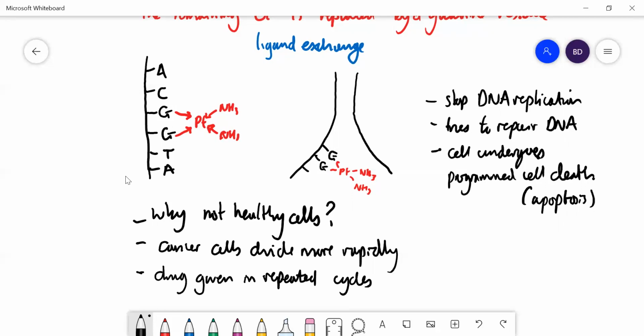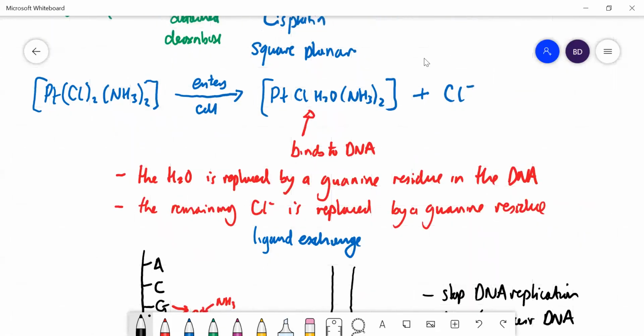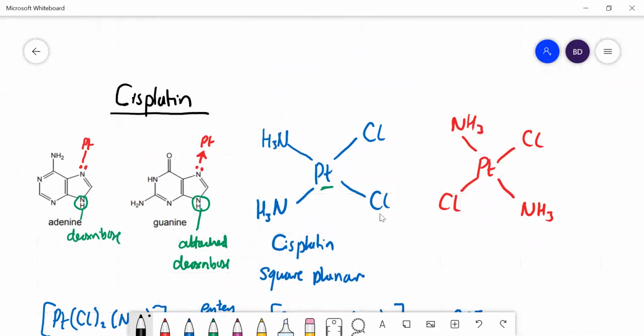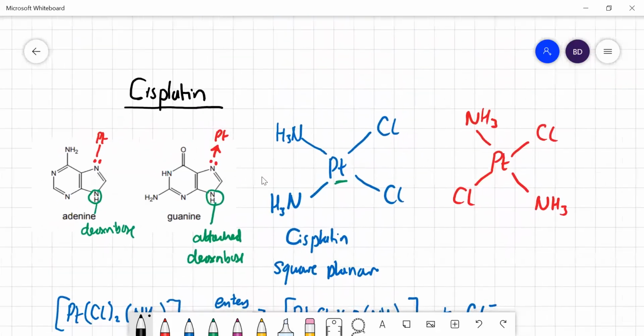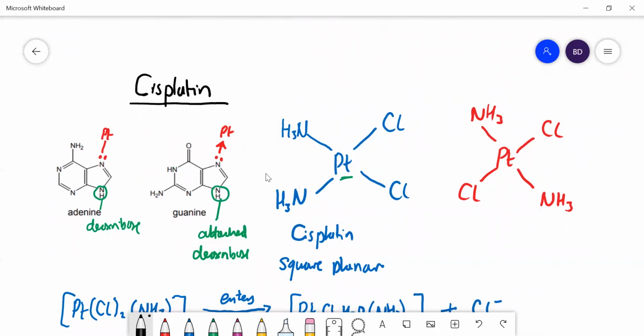Right, so that's all you need to know about cisplatin. It crosses over, really. It's in the biochemistry section, but it really crosses over with the transition metal topic in the inorganic part of the syllabus. I think section 2.5, I think it is. Yeah, 2.5. Okay.